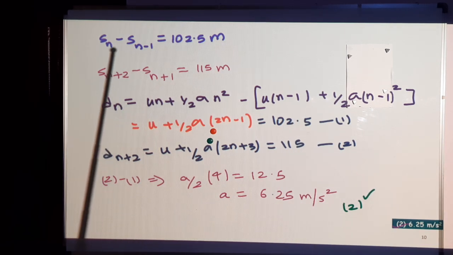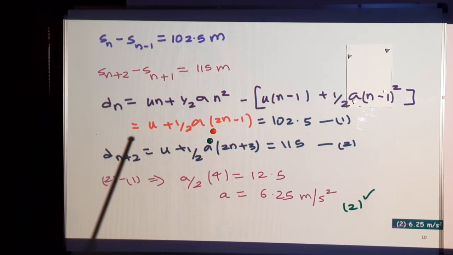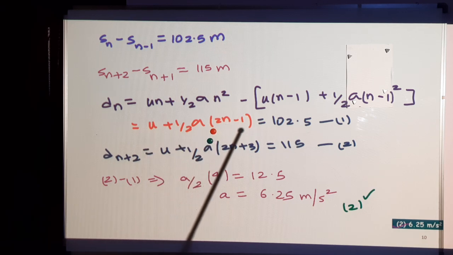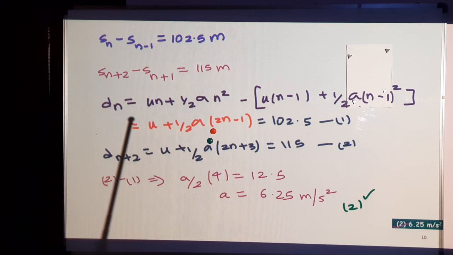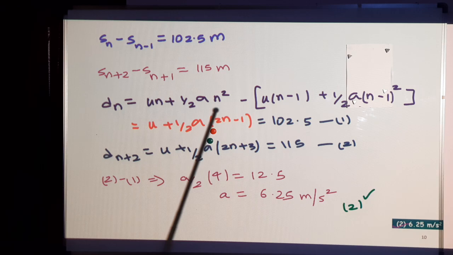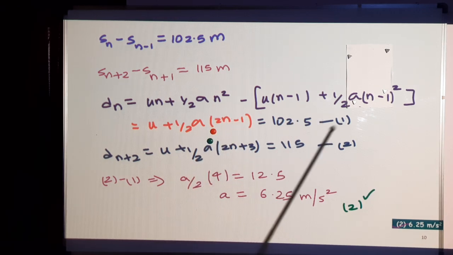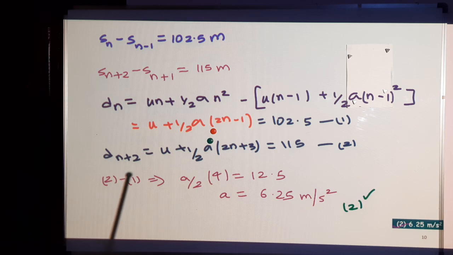Simplifying, you'll get u plus half a into 2n minus 1. So there is the distance traveled in nth second. Remember this: ut, t is 1 because here the time interval is 1, plus half a t square, the difference will become n square minus n minus 1 the whole square. So I'll get this one. This is equal to 102.5. Distance traveled in n plus 2 second is, in this formula, put n equal to n plus 2. So subtracting, we will get acceleration as 6.25.